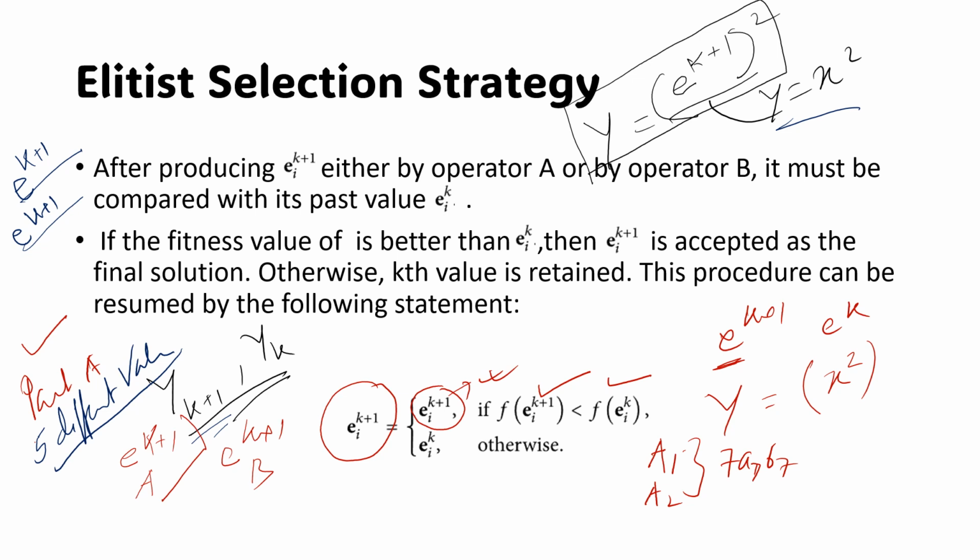Nothing more, nothing less. Very good. First thing is that they will compare ek plus 1 and ek. If ek plus 1 is greater than ek, then ek plus 1 wins. Otherwise, ek wins. That is what is written in this expression also, as you can see.